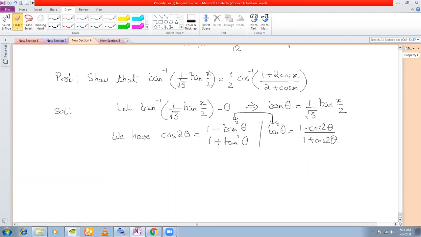So therefore, we are going to use cos 2 theta because we see that the right hand side is in terms of cos inverse.